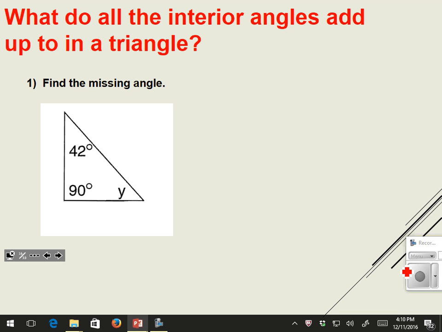Well, again, all the angles add up to 180 degrees. So let's write an equation for this. Well, there's 3 angles. I'm going to add them up to 180. But I don't know what y is. So I'm going to say y plus 90 plus 42 equals 180 degrees. Now I'm going to simplify 90 plus 42, which is 132.